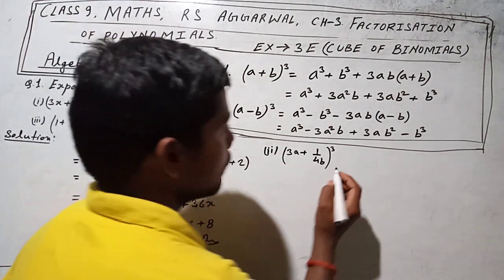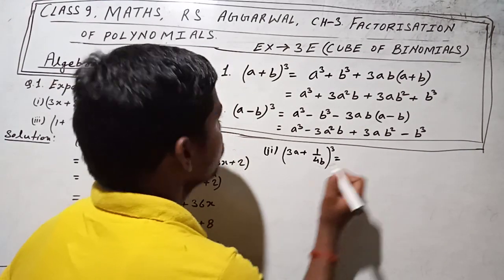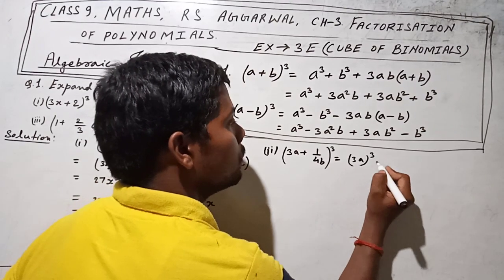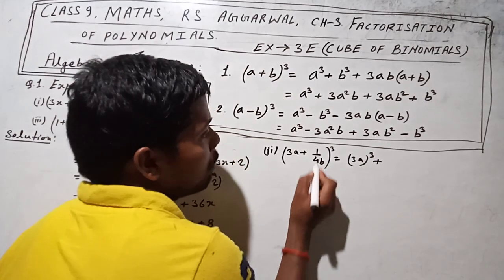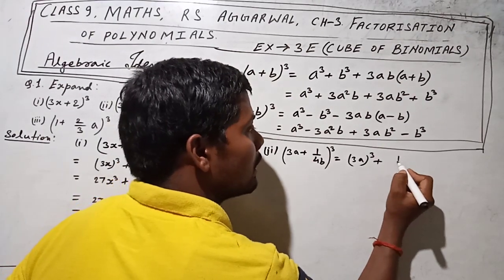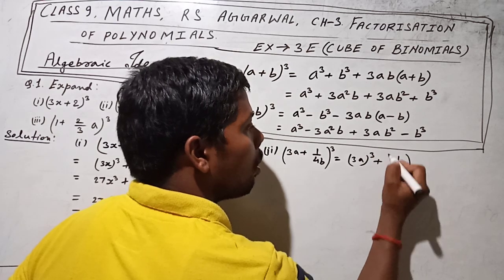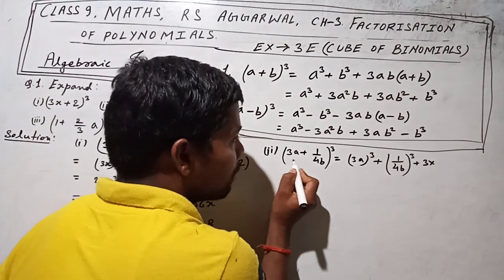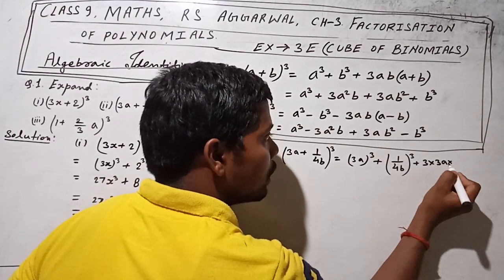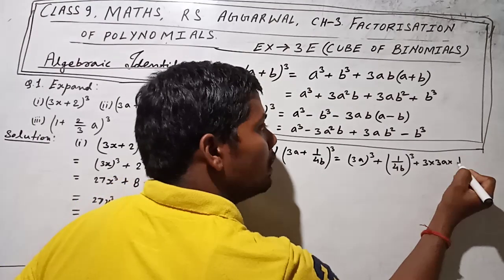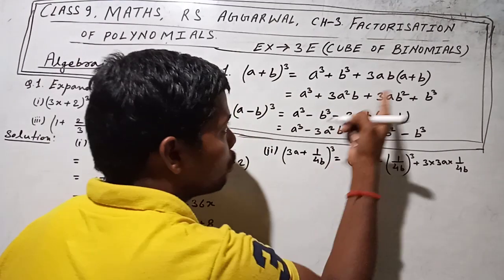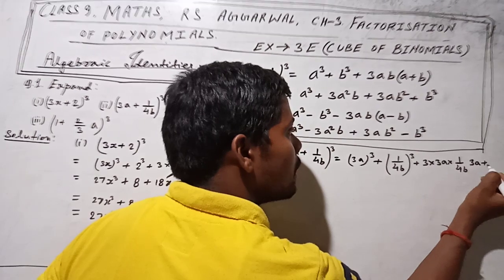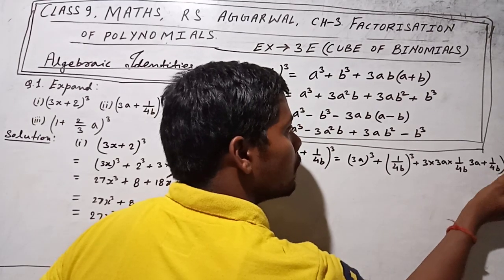If we expand, we will get (3a) whole cubed plus, in place of b we have 1 by 4b, so we write (1 by 4b) whole cubed, plus 3 into a, where in place of a we have 3a, into b, where in place of b we have 1 by 4b, into (a plus b). So the binomial is written as it is, meaning 3a plus 1 by 4b.